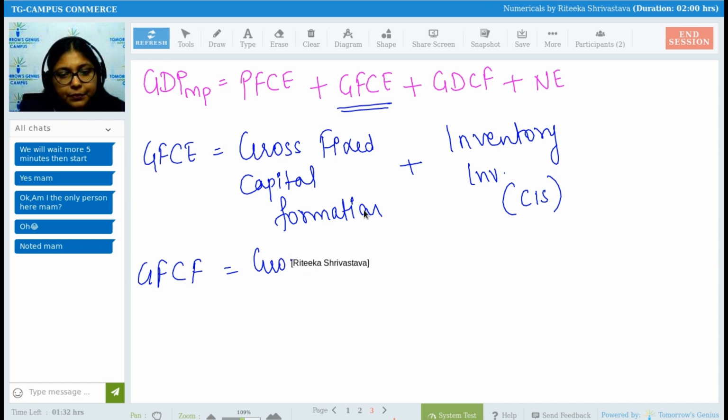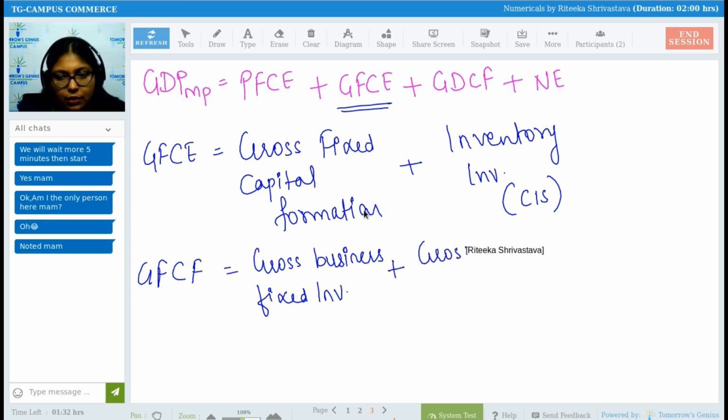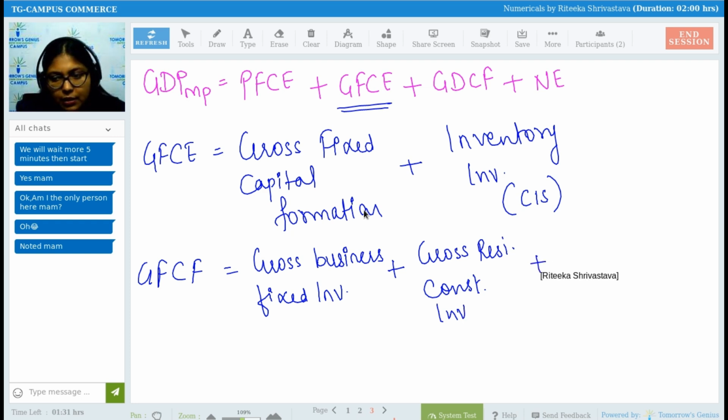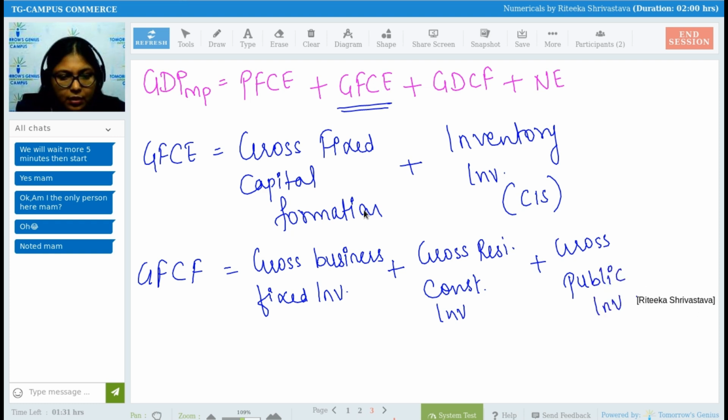So the formula would be gross business fixed investment plus gross residential construction investment plus gross public investment.